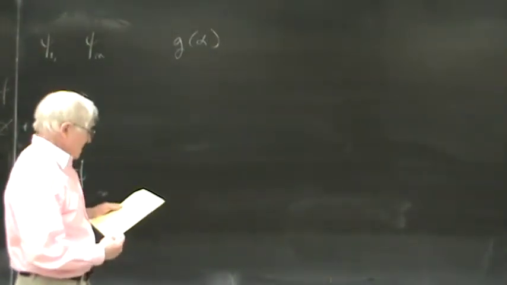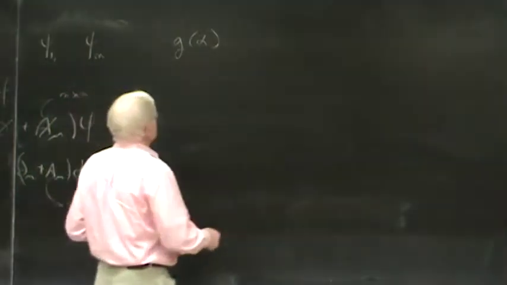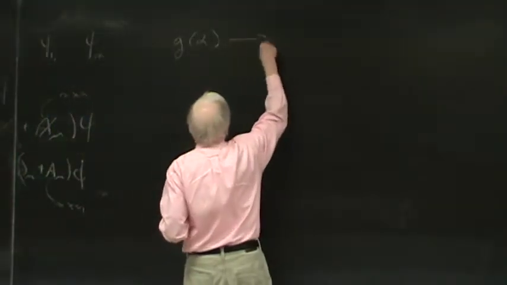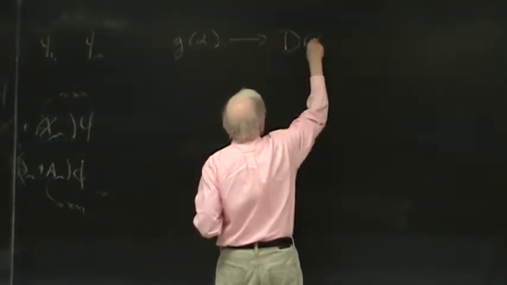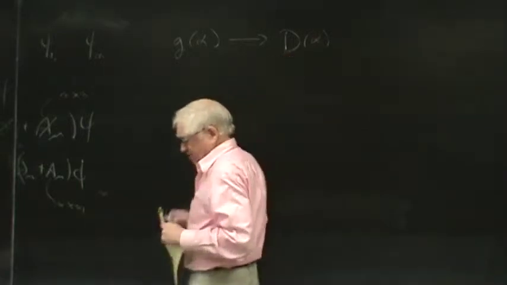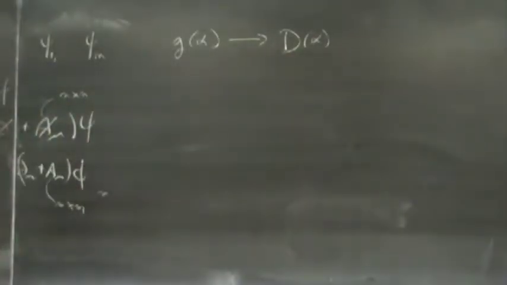Okay. Now, what is a representation? Well, it's a map from the group to some matrices, say n by n matrices, with the same parameters.